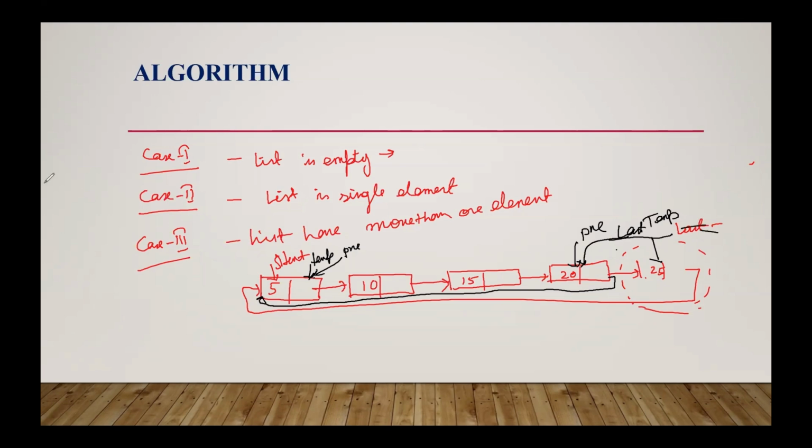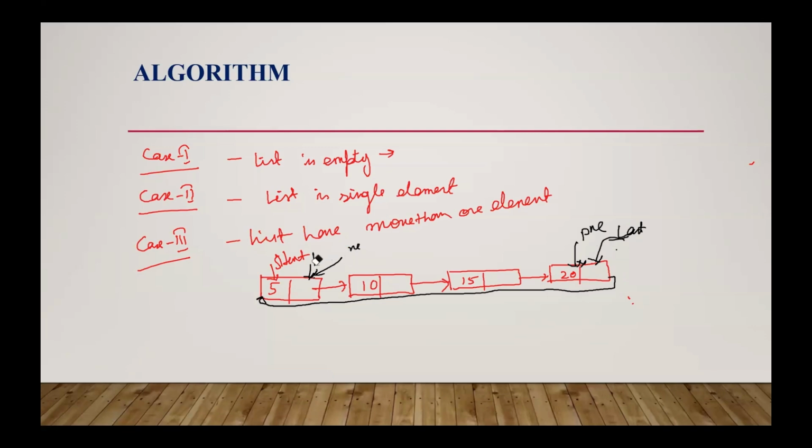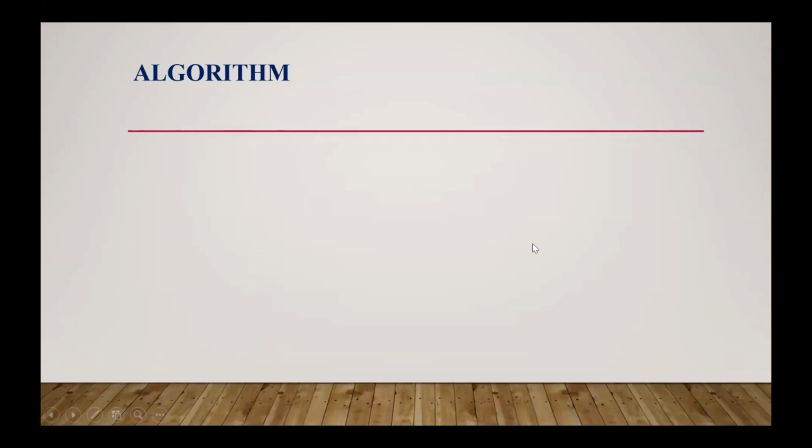So once you release the temp, this node is gone, which means this connection is also gone. Now this is our circular single linked list. Deletion of the last node is a success.